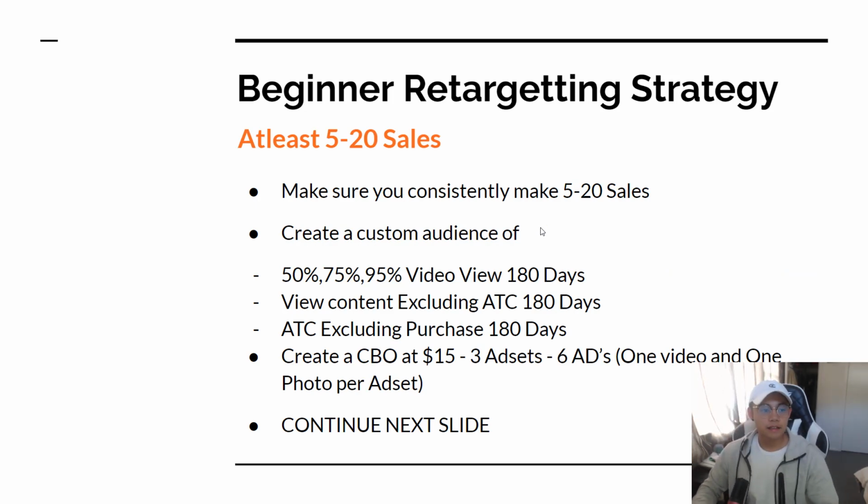Okay, let's get started. Beginner retargeting strategy. The requirement for this is at least 5 to 20 consistent sales every day. The second point is you should be creating custom audiences of 50%, 75%, and 95% video views for 180 days.